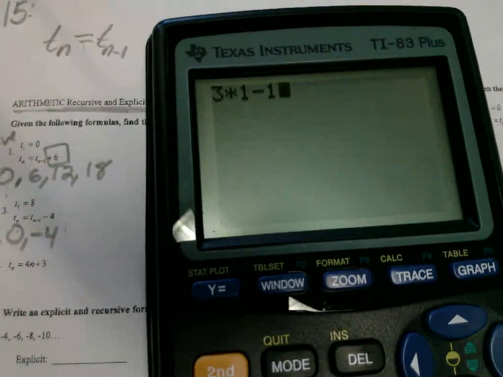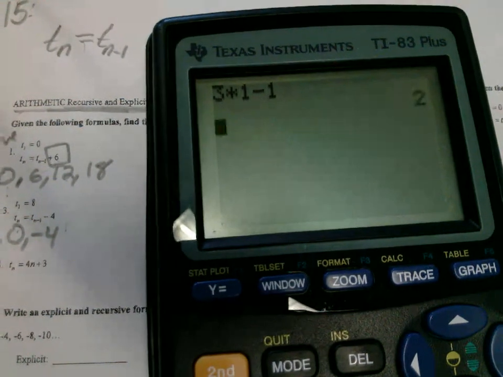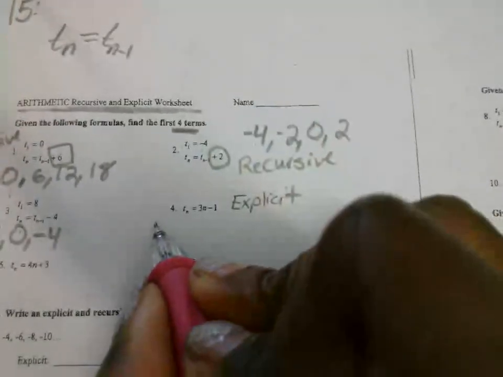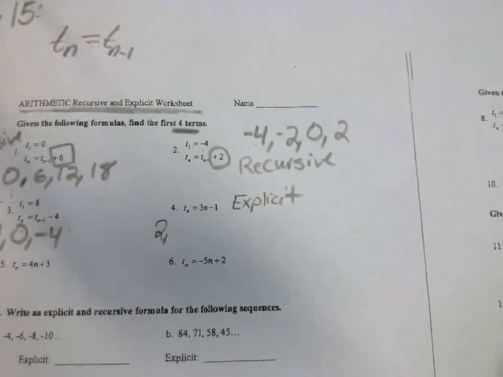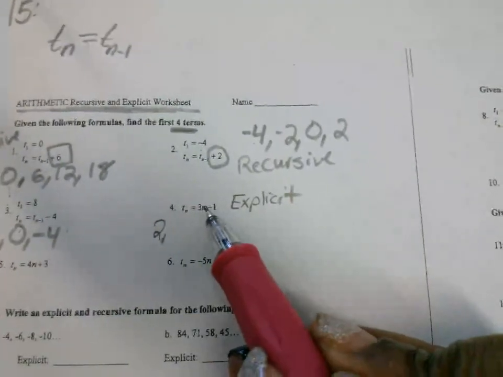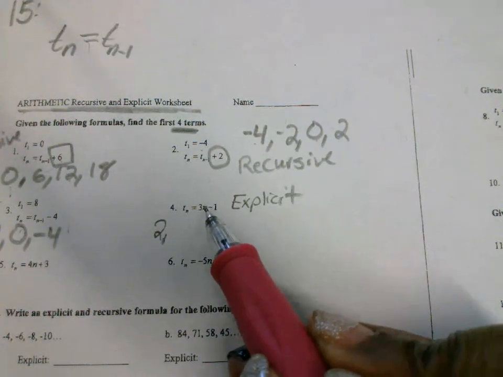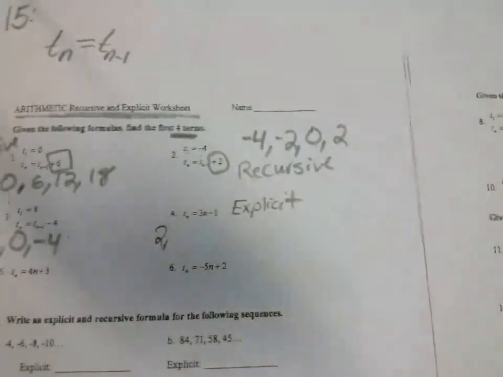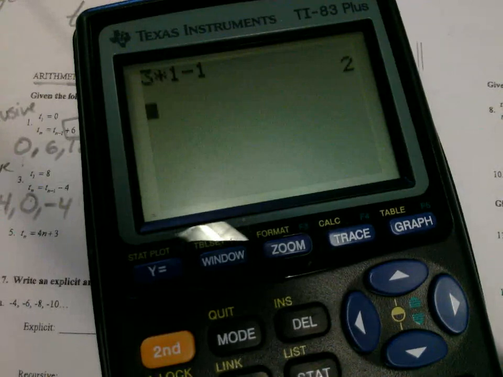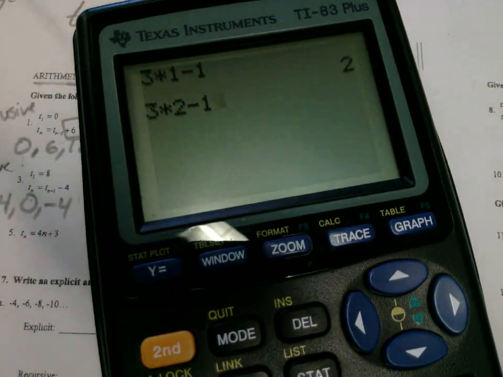What does that give you for the first term? The first number is 2. So all we're doing is substituting the number in. What's the second number? What do I replace n with this time? 2. So how do I write that in? 3 times 2 minus 1. And what does that give us?